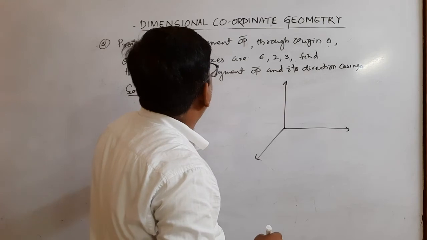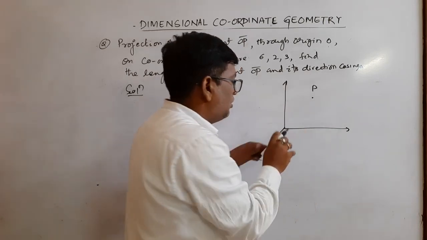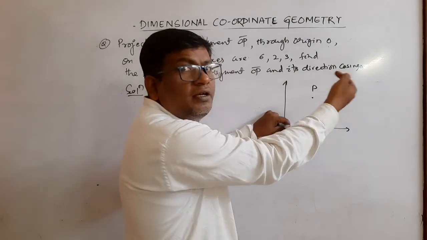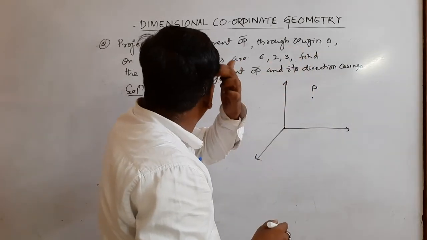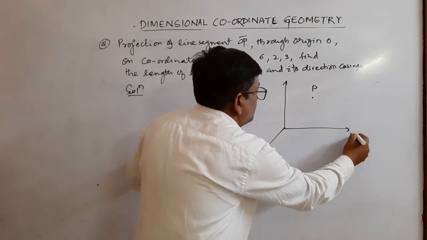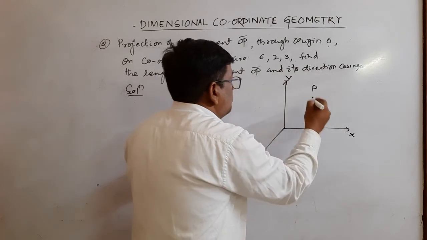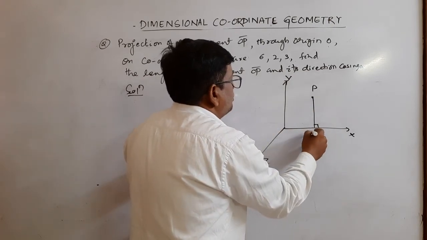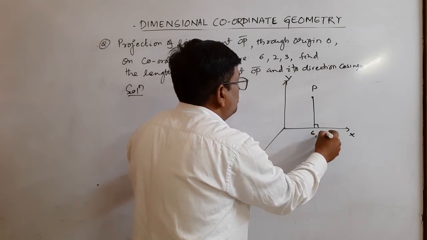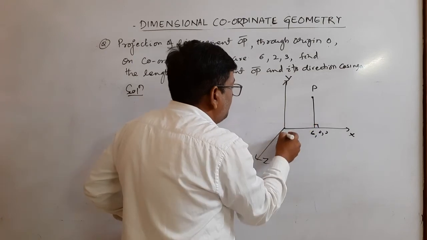The projection of the line segment, suppose the point is P here, this is Z axis, the point is in space. So the projection of the line segment on x axis, this is x axis, this is y axis and this is Z axis. So the projection of the point P on x axis, that is what? 6, 0, 0 and this is OP.